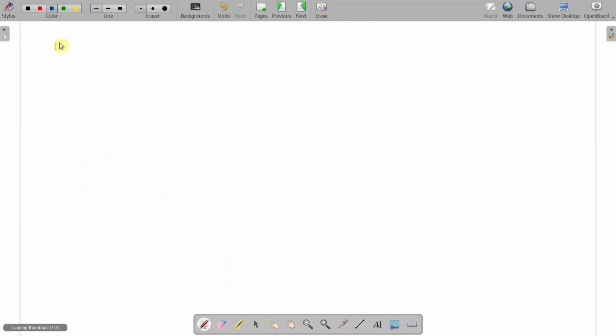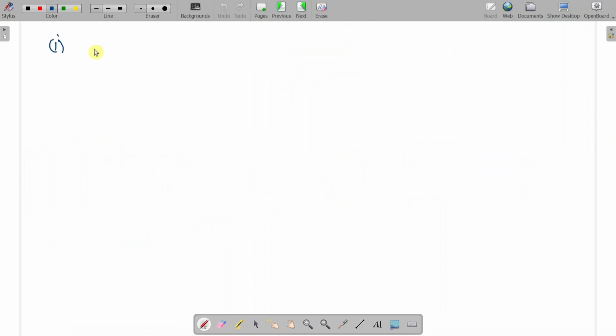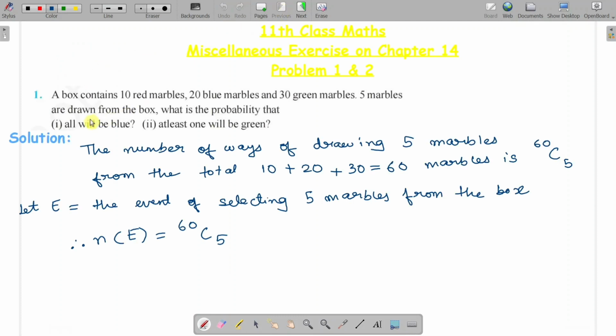Now let us go to the first sub problem. In the first sub problem, what is given? All will be blue. For this we have to find the number of ways of selecting all blue marbles, right?